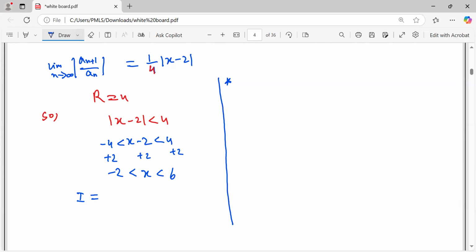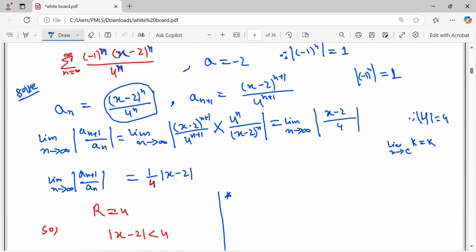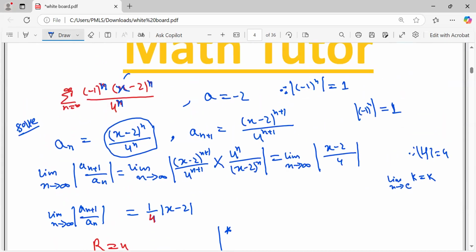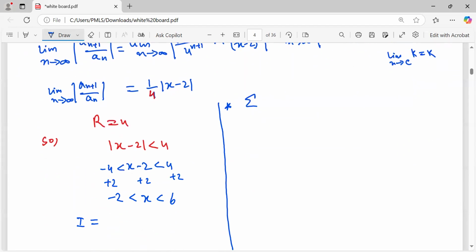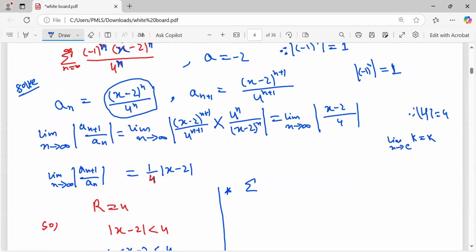For this, what we will do is set this value of x in the given power series and check whether the series converges or not. So see that when we put x equal to minus 2, what will the power series become?